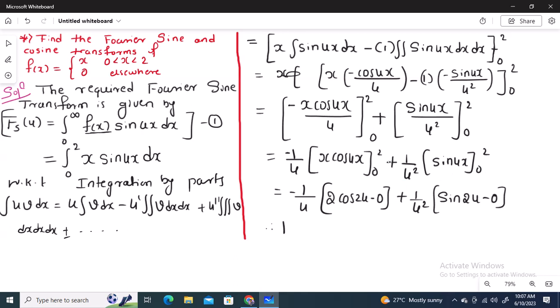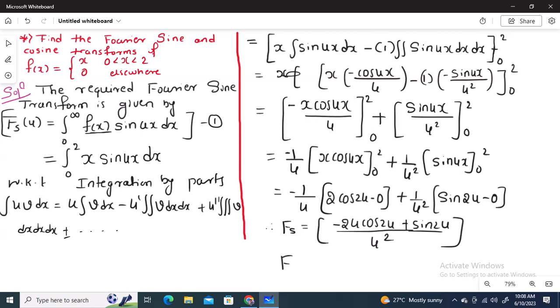Therefore if I simplify and conclude this, for this u and u square, the LCM is u square. Since the LCM is u square, one u will come in the numerator here. So that is minus 2u cos 2u plus sine 2u.